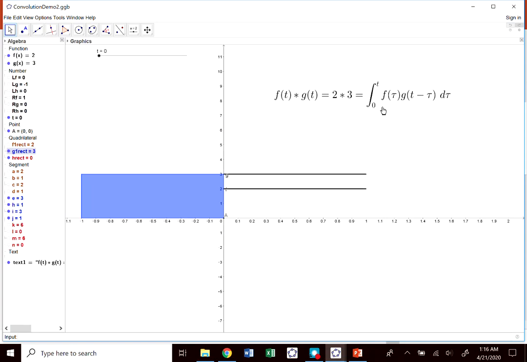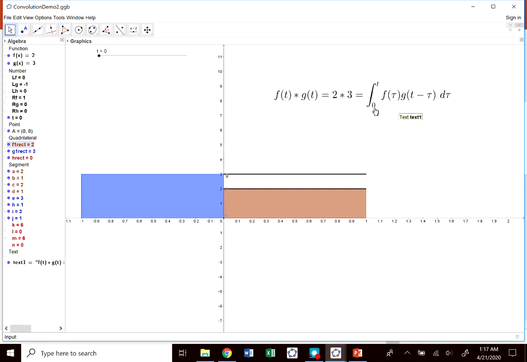Okay. Now we are getting somewhere. We apparently need to multiply f of tau, which is this guy. Let me make a rectangle even for that f. Okay, so this f of tau times g of 0 minus tau, which is this one. We need to multiply these two first, according to the inside stuff.